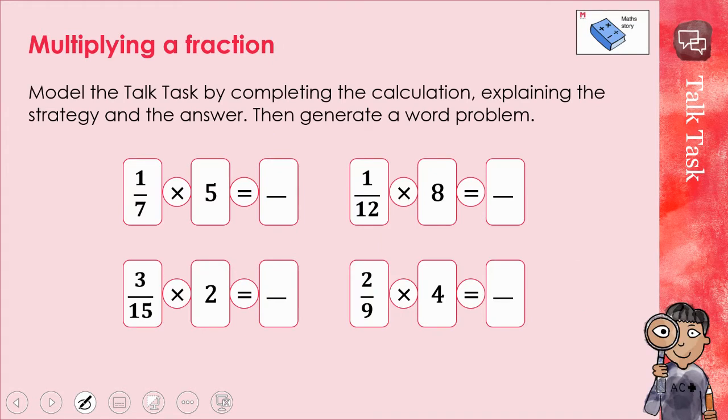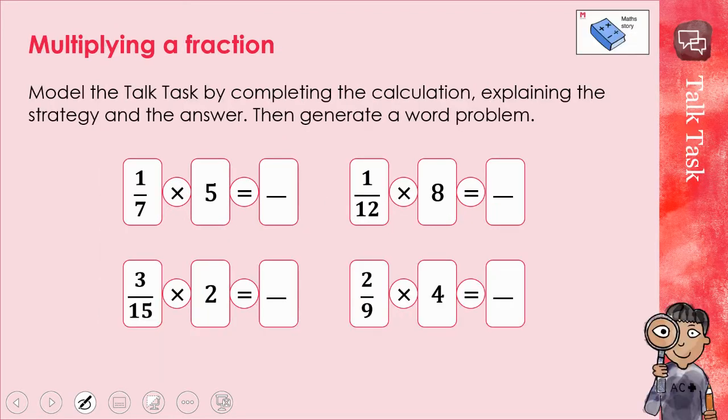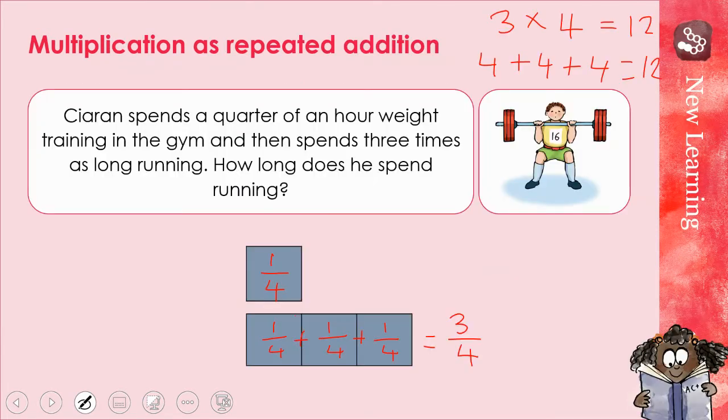When we are multiplying a fraction, what we need to do is very simply, we multiply the numerator by the whole number and the denominator stays the same. So let's have a look at that in our previous one.